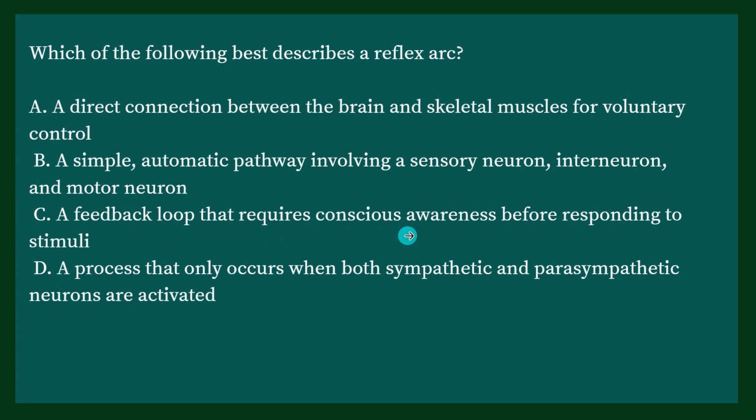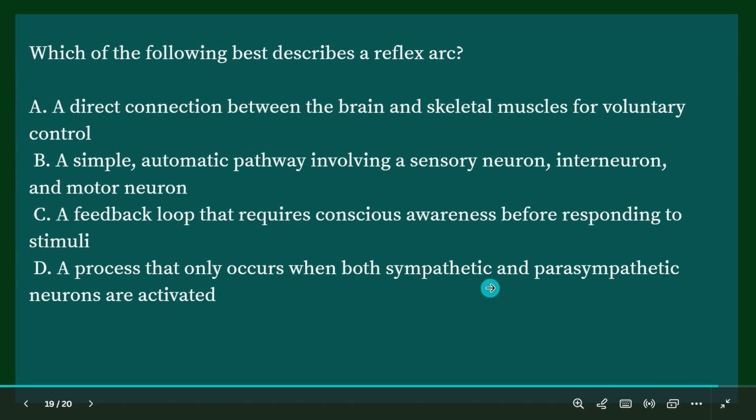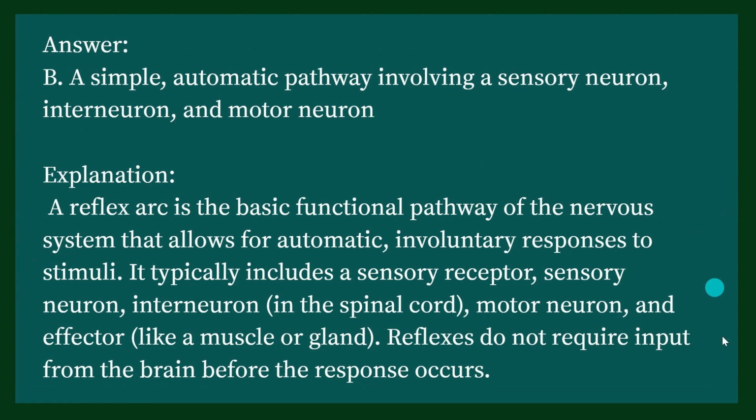C, a feedback loop that requires conscious awareness before responding to stimuli. No. Conscious awareness? That's not part of a reflex. D, a process that only occurs when both sympathetic and parasympathetic neurons are activated. That's not a thing.